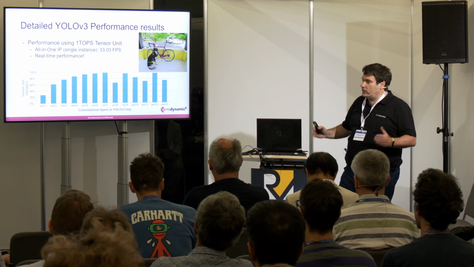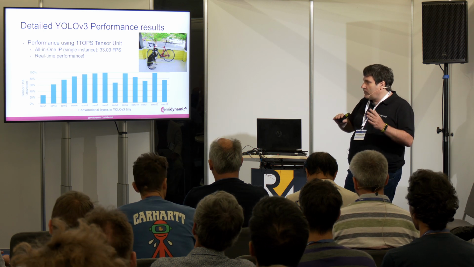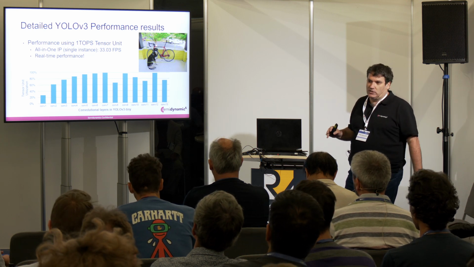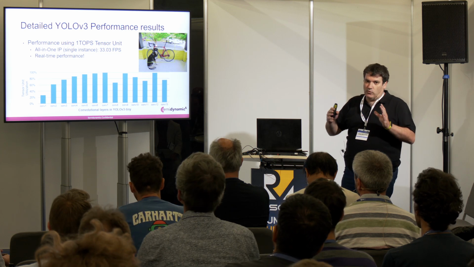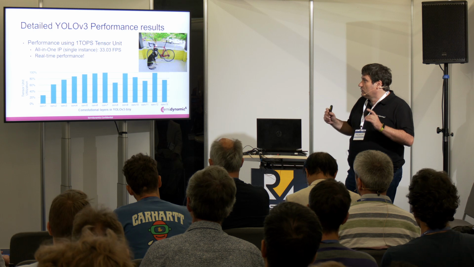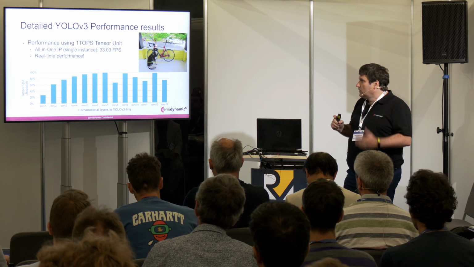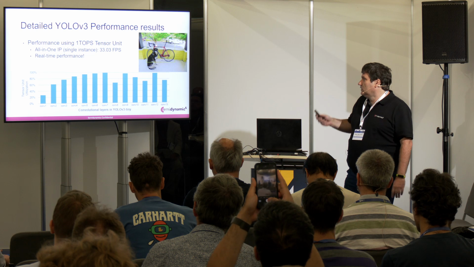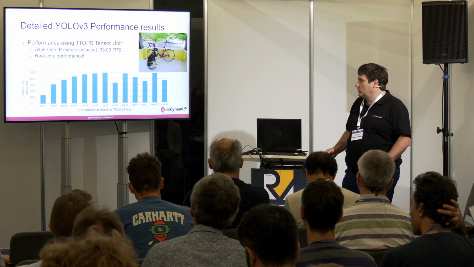We ran the different stages of the different convolution layers and so on. We got an average utilization of the tensor unit around 75 to 80%, and a number of frames per second around 33.03, with just a small tensor unit that is able to get 1 TOP per cycle.